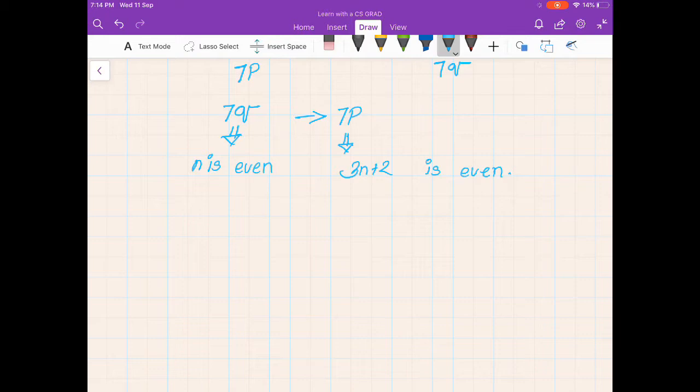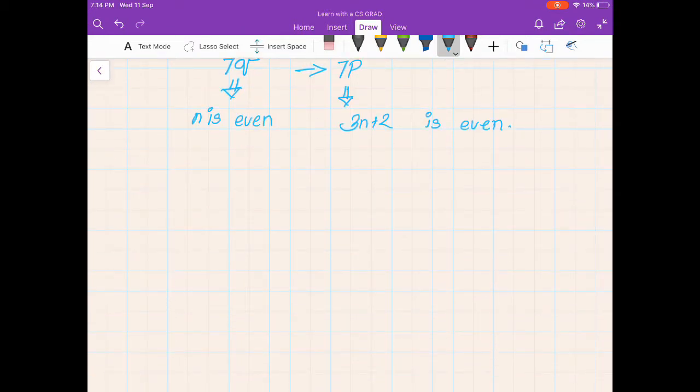So let's go into the mathematical part here. n is even, so n equals 2k, where k is any integer. If you do 3n, then it becomes 6k, right? And 3n plus 2 becomes 6k plus 2.